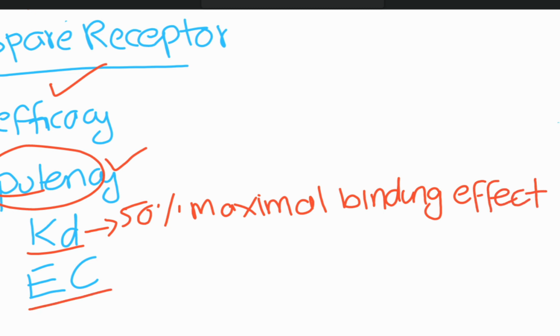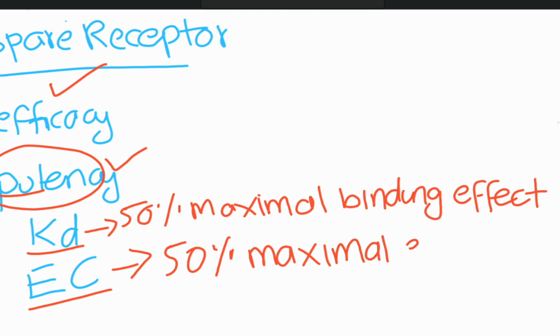In the same way, EC50 is the dose or concentration of drug required to achieve 50% of the maximal effect. KD deals with 50% of the maximum binding on the receptor side, while EC50 deals with 50% of the maximum effect that comes after the binding of the drug, or the concentration of a particular drug at the receptor.